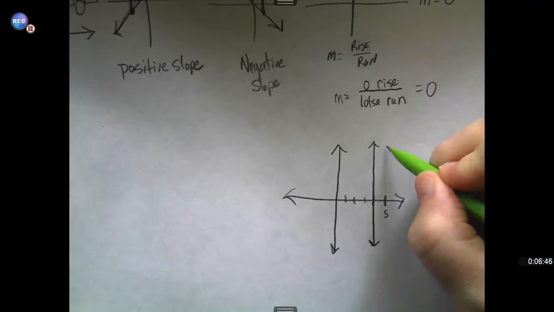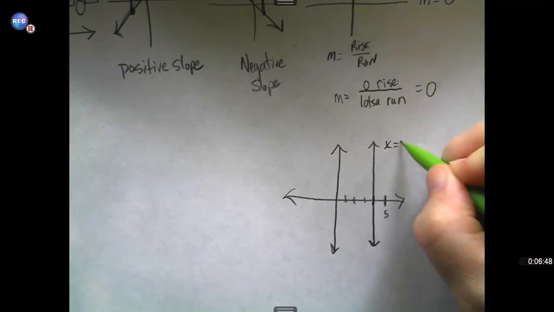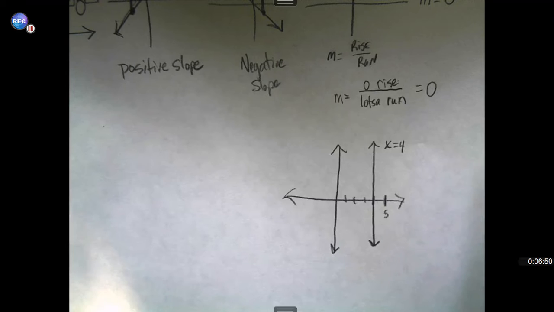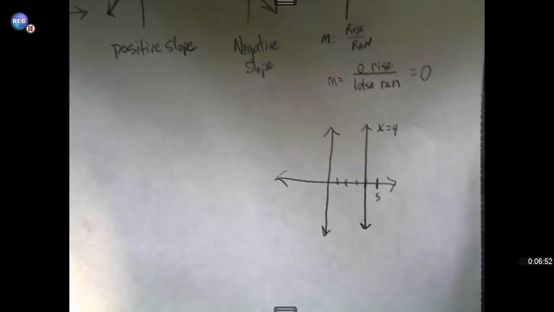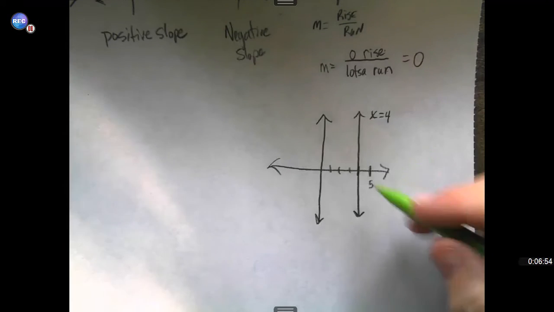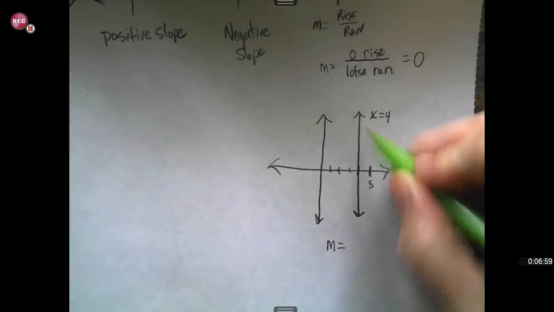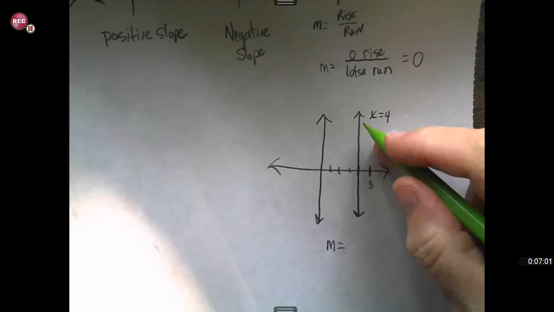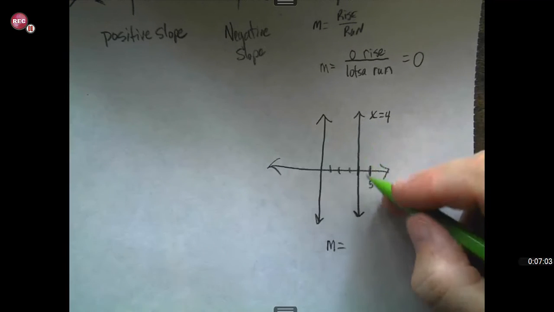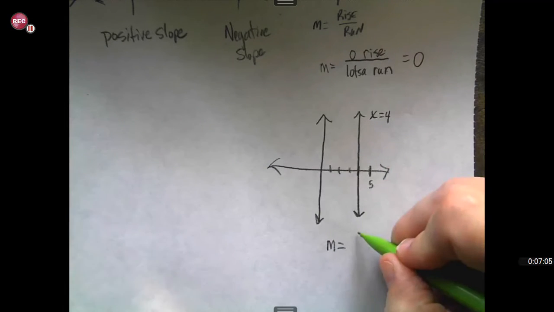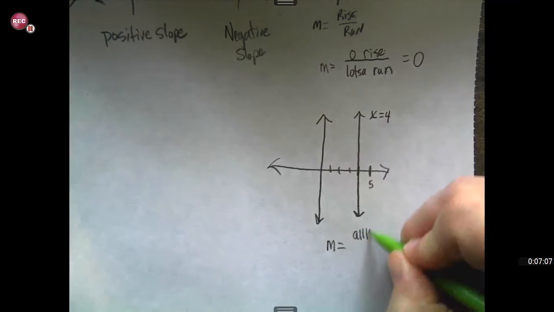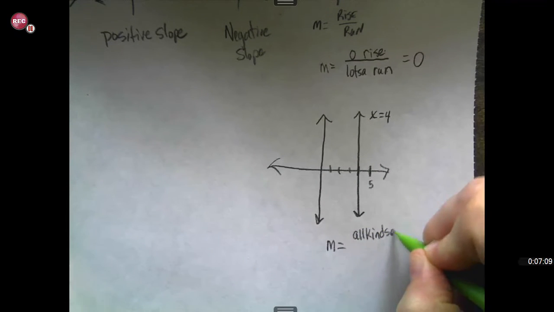So this might be the vertical line x equals 4. Vertical lines are x equals lines. Okay, this vertical line would be x equals 4. And the slope, this line has so much rise. There's rise. So we say there's all kinds of rise.